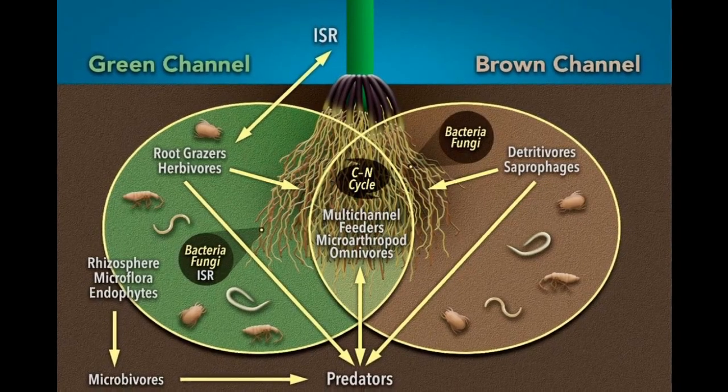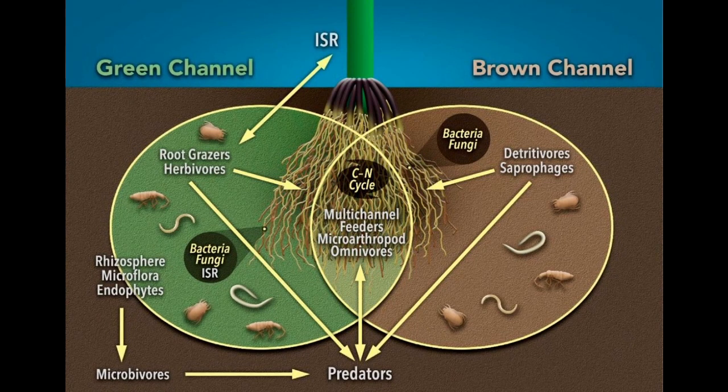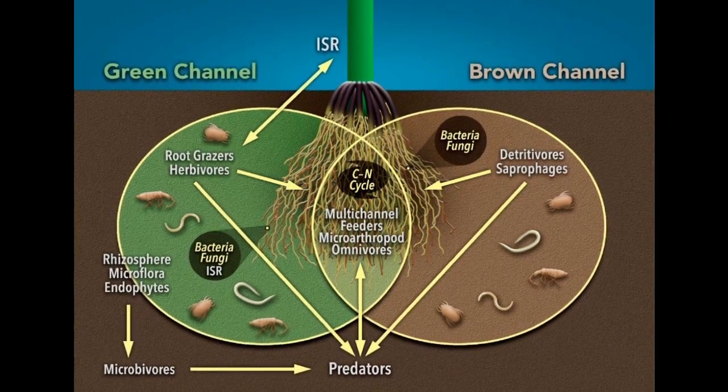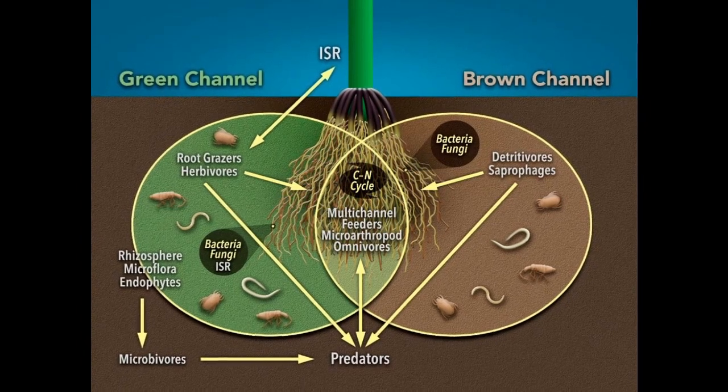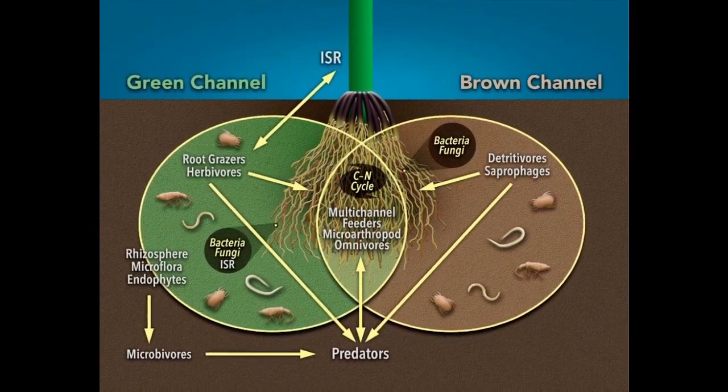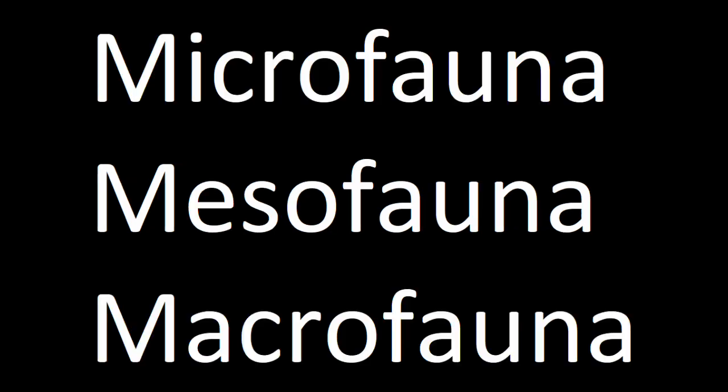As they do so, they affect nutrient cycling and soil structure processes. These soil organisms, or soil fauna, are a very diverse group that can be classified as microfauna, mesofauna, and macrofauna based on their size, and each of them has its own unique soil functions and roles in below-ground food webs.